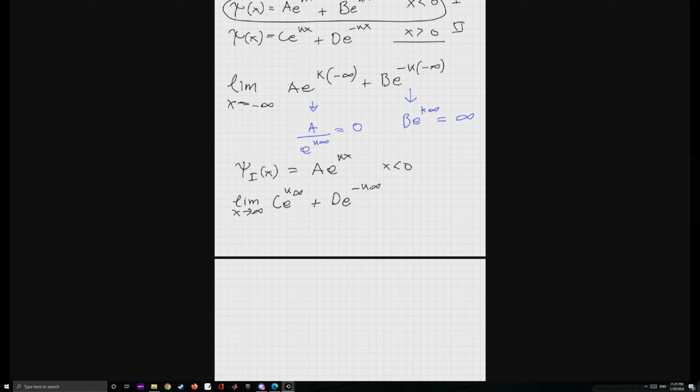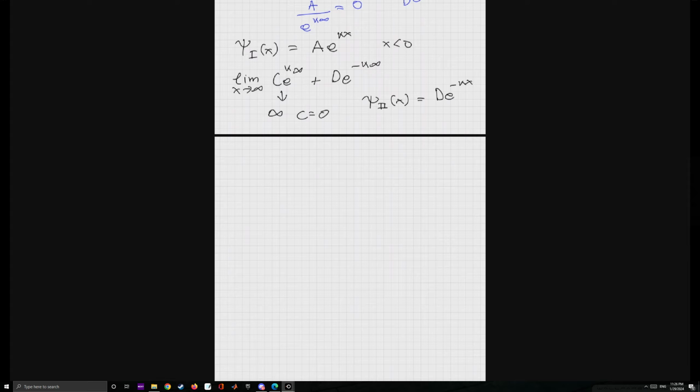Again, the negative one goes to 0, and we are left with c e to the k infinity going to infinity. So this goes to infinity. We can't have that, so we take c equals 0. And so we are left with psi 2 of x equal d e to the negative kx.